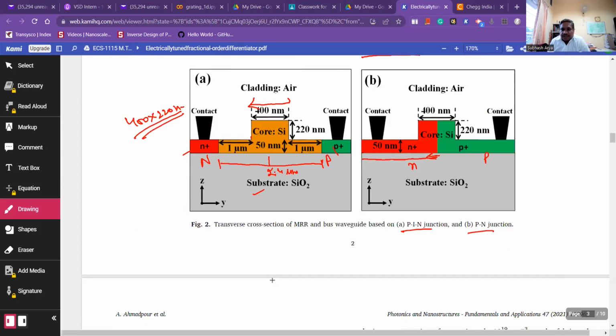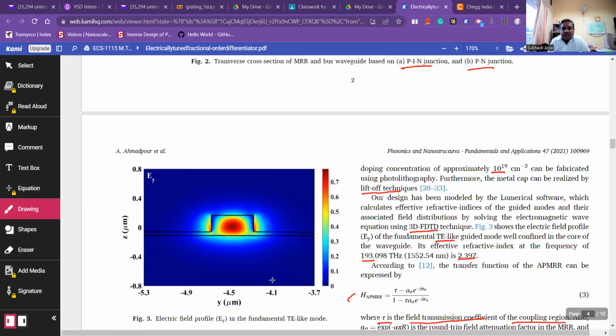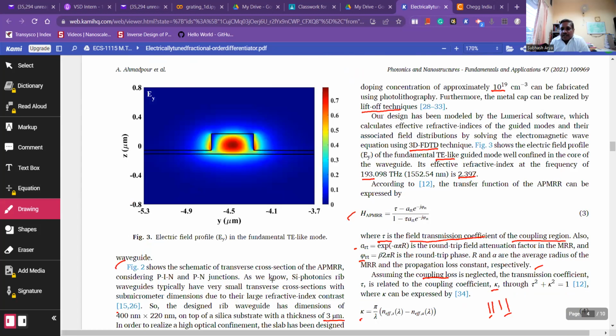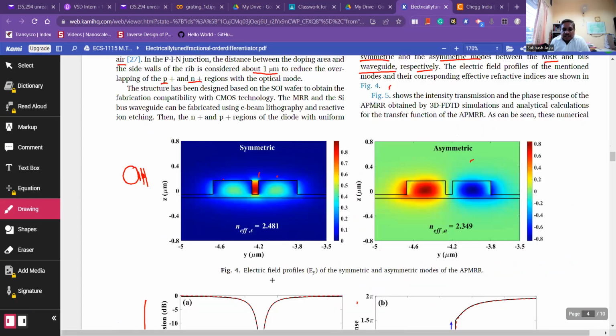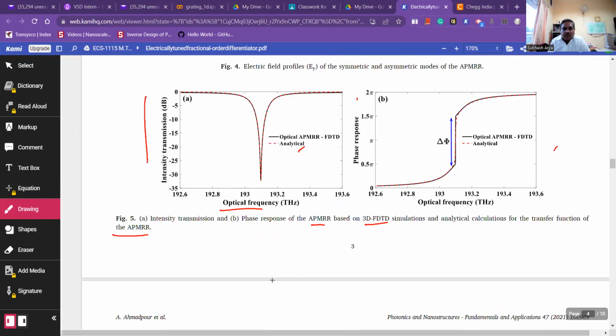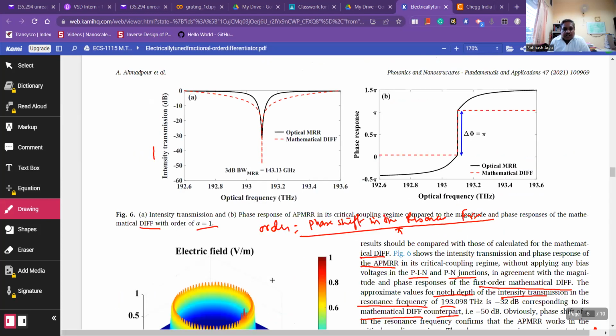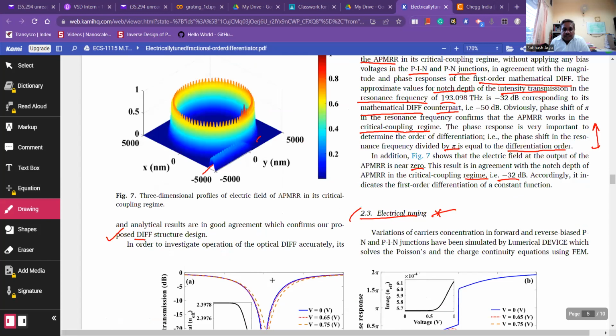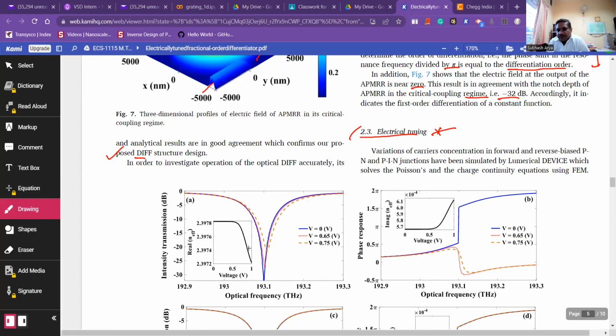Its structure we have seen, PIN and PN, and this is the electric field profile, then transfer function, and symmetric and asymmetric modes, and then the three-dimensional profile of electric field in APMRR all pass MRR, APMRR in its critical coupling region. In critical coupling region, no output is available. And now we have to start today from 2.3, that is the electrical theory.